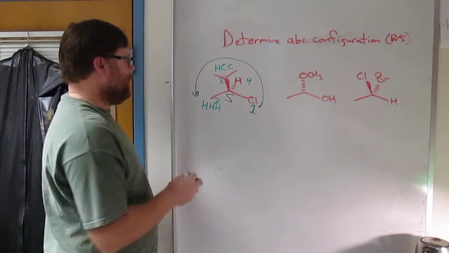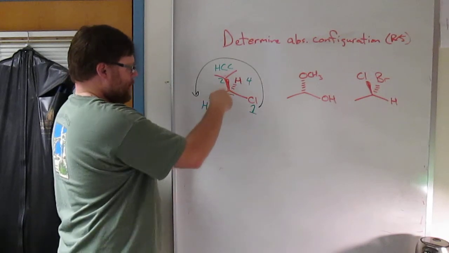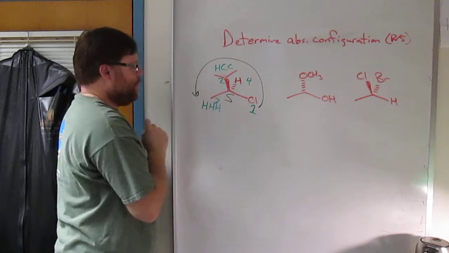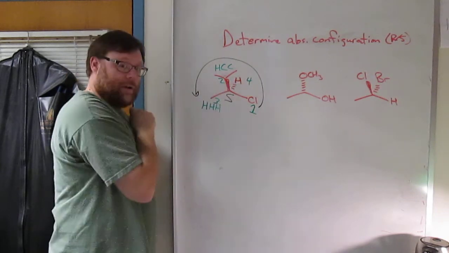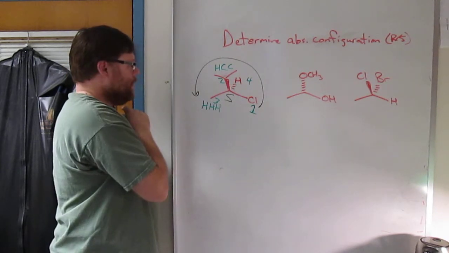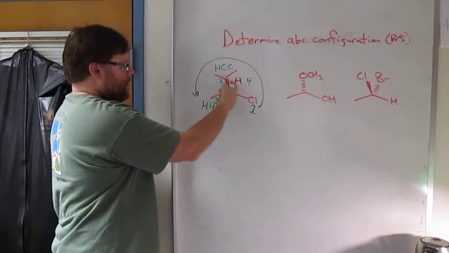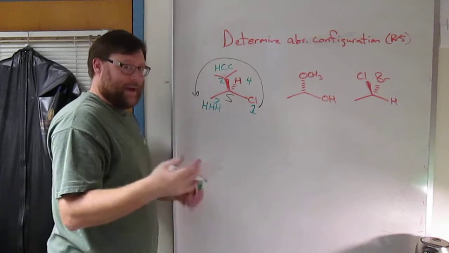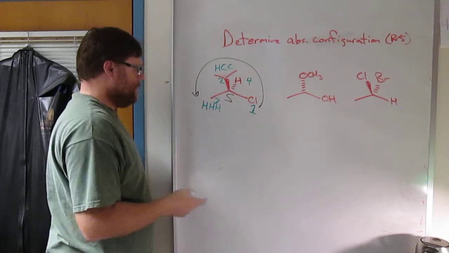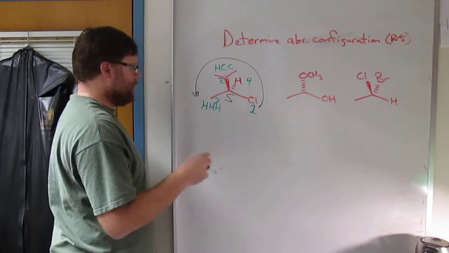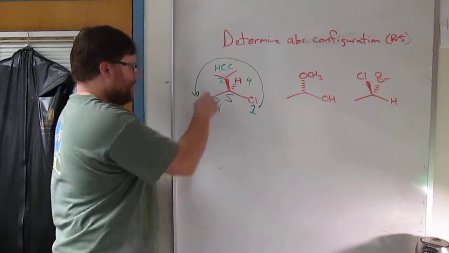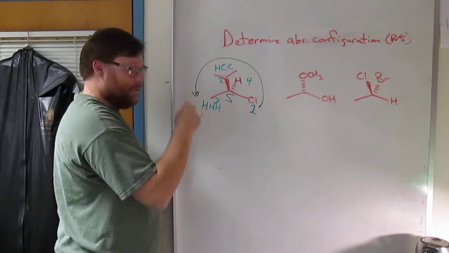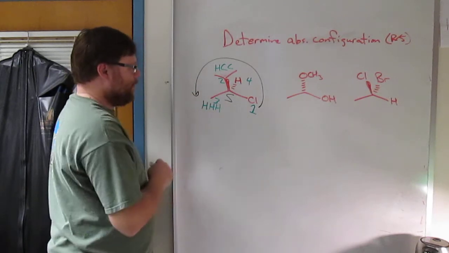So if I had gotten the assignment of priorities wrong here and said methyl is 2 and isopropyl is 3, I would have gone clockwise. I'd have been wrong. Likewise, if I had the low priority group out at us, drawn a clockwise circle and said that it's clockwise so it's S, or counterclockwise so it's S, I'd be wrong. If I'd made both of those errors, I would have been right. Anyway, hope you got S for the first one.